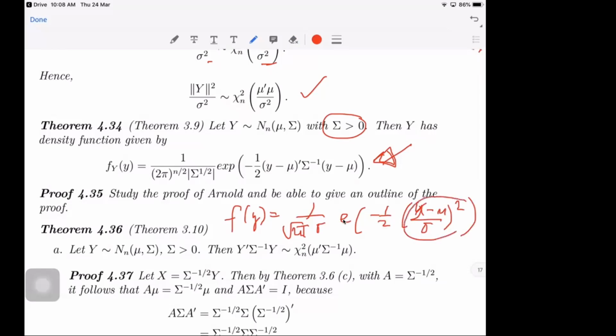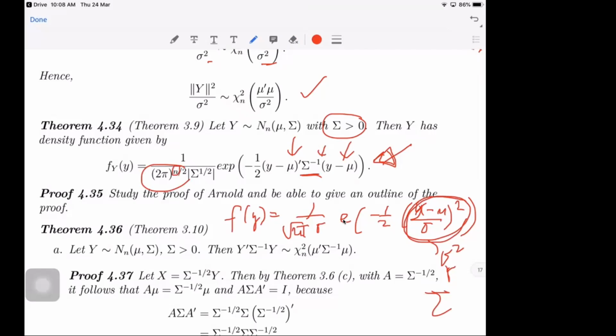So the part y minus mu squared becomes y minus mu prime y minus mu. And sigma squared in the denominator will be sigma raised to the negative 1/2, since our notation for sigma squared in the matrix case is just sigma. And this is the square root of 2 pi raised to n over 2 because of IID.